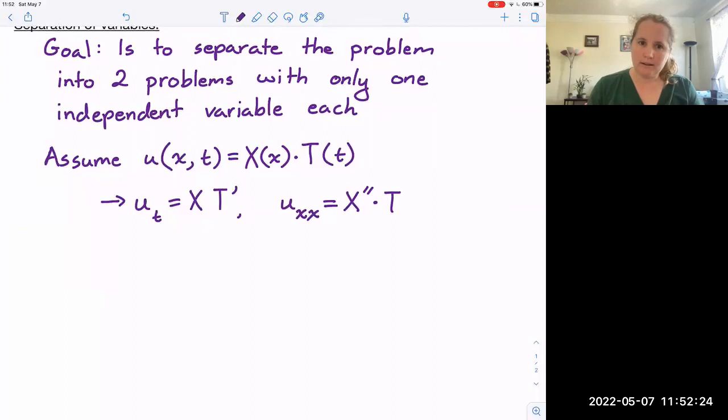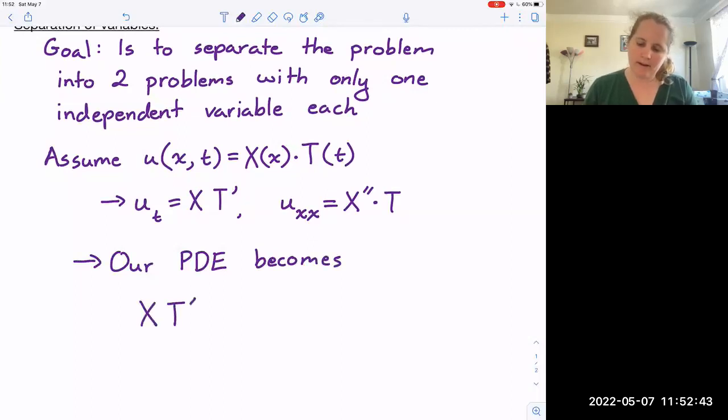So our partial differential equation becomes capital X times capital T prime is equal to a squared times capital X double prime times T.